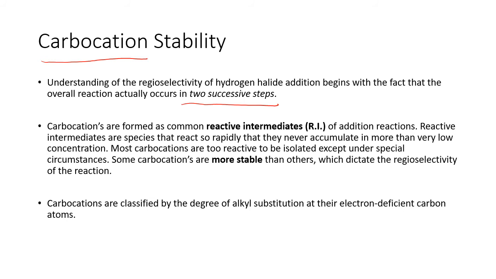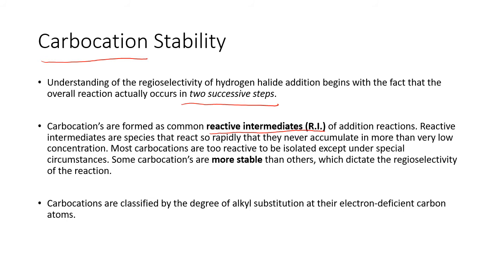So carbocations are formed as reactive intermediates. And you might recall we talked about reactive intermediates back in Chem 112 when we were learning some basic mechanisms and activation energy and catalysts, and we drew potential energy diagrams. So reactive intermediates were species that were essentially formed in one step of a reaction and used up in another step.